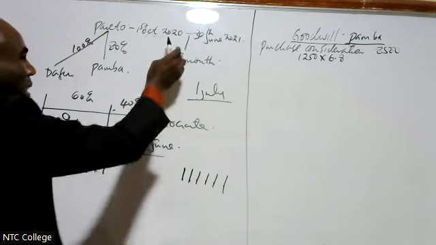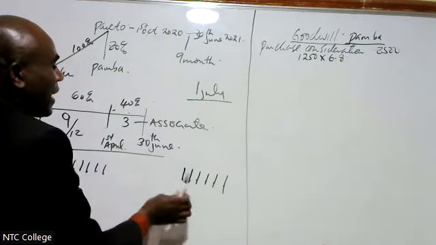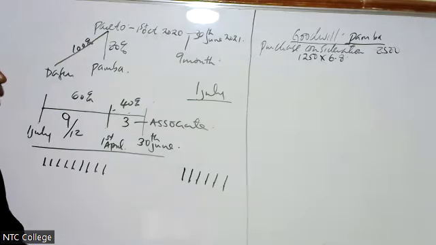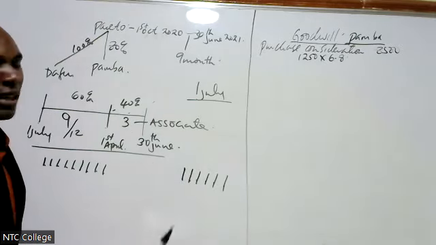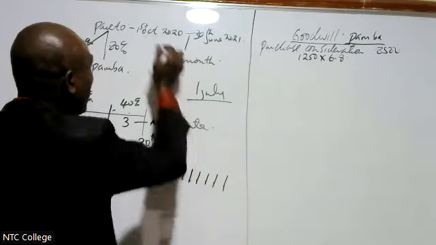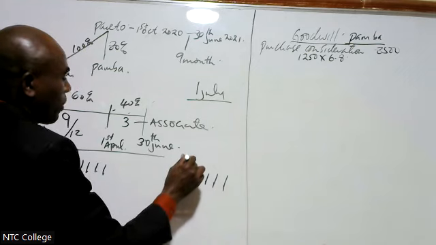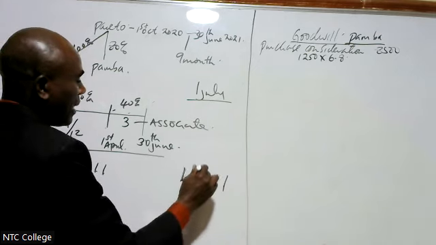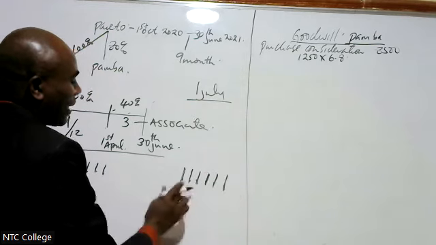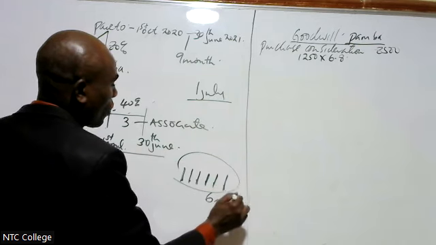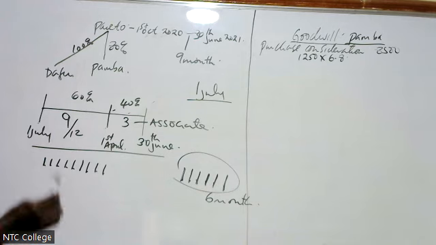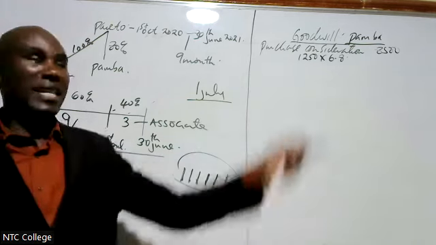Listen very carefully: in this case it's not Pamba Limited, but I am just giving you a scenario because of your concern. We disposed of it on 1st of April, therefore it is 6 months if it was Pamba Limited. But in this case, it is DAF Limited, which we acquired many years ago.